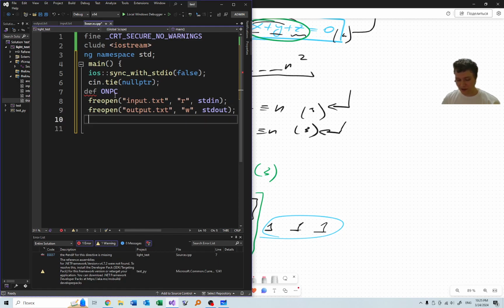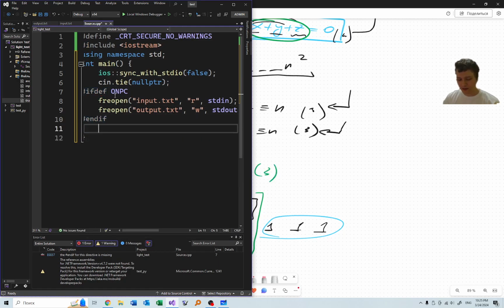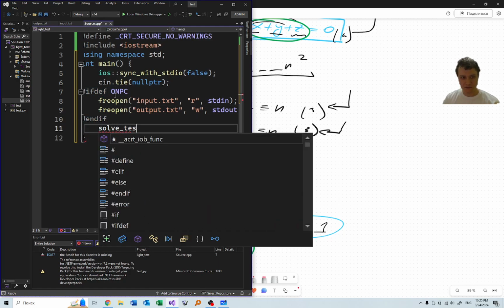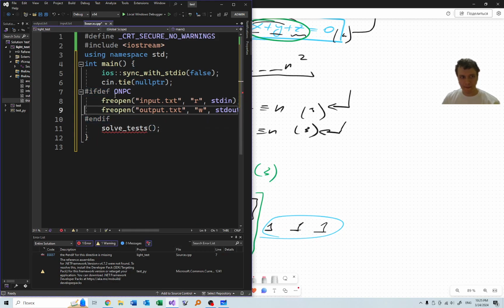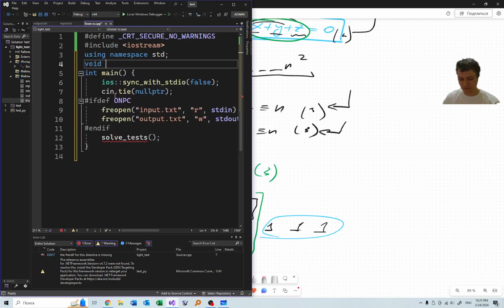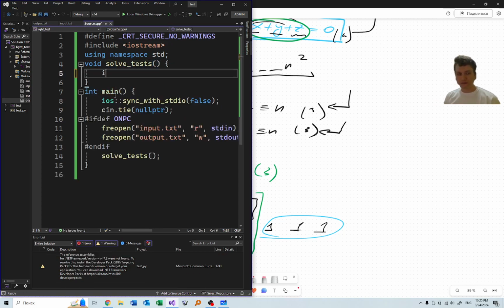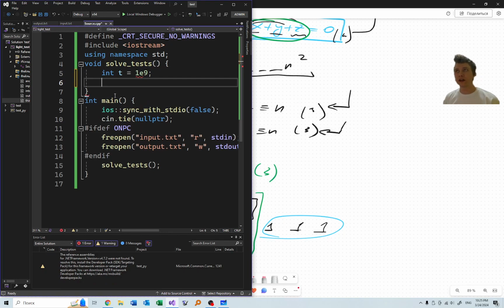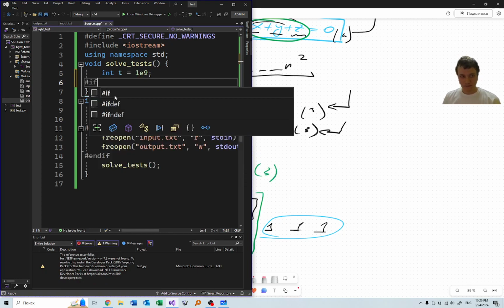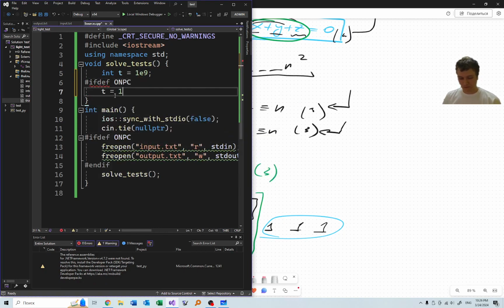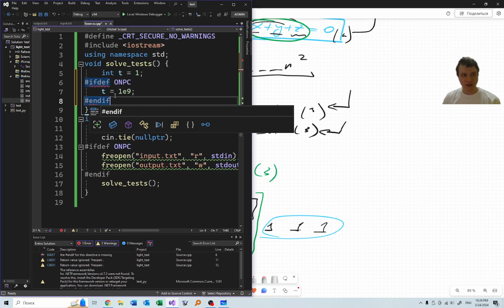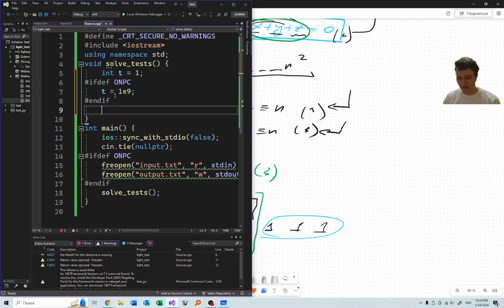After reading the input, I will need to solve tests. It is just a thing to have a multi-test. Yeah, so in the testing system it will be just t equals 1, but for me it will be t equals 1 and 9.